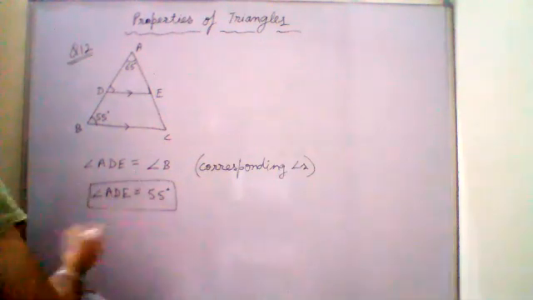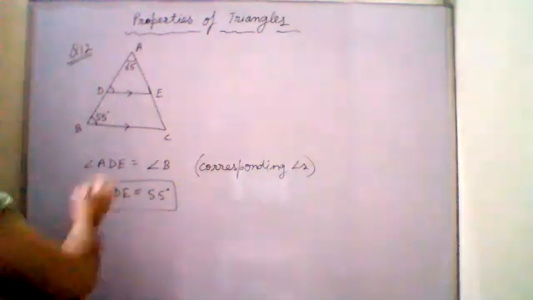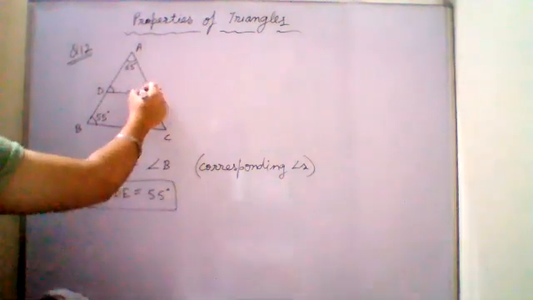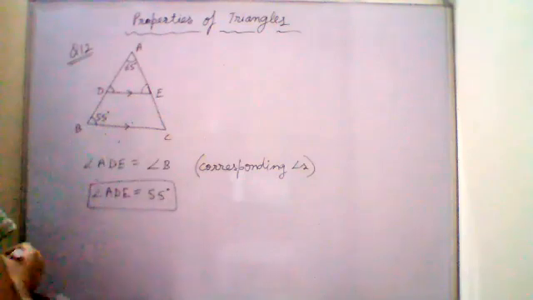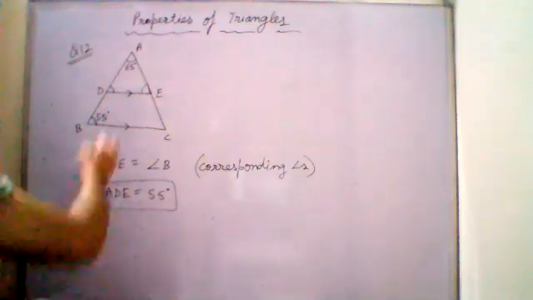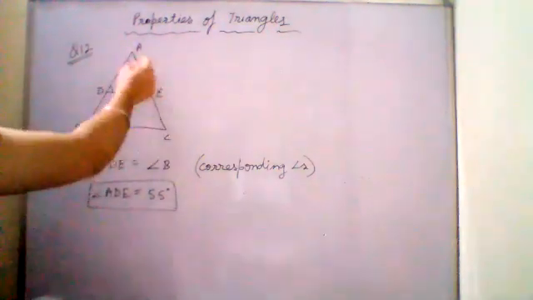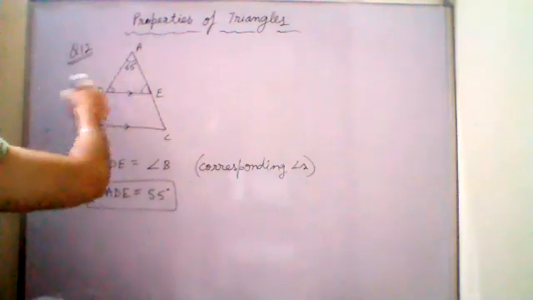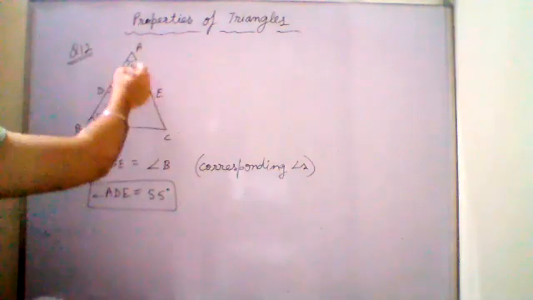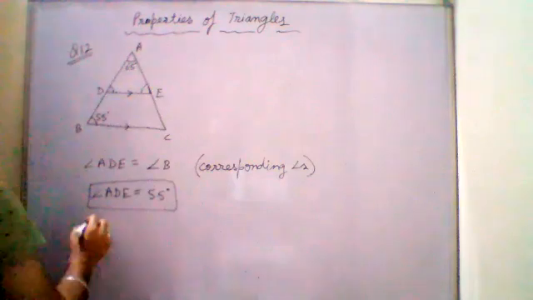So angle ADE is equal to 55. Now you have to find angle AED. As we all know, ADE is a triangle, and in a triangle the sum of all the three angles is equal to 180 degrees.